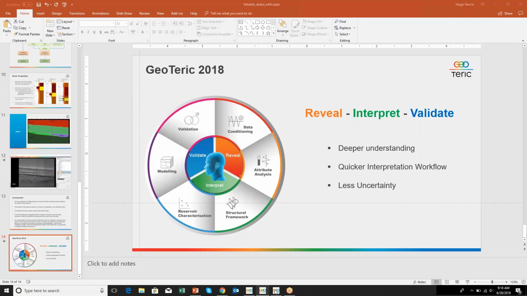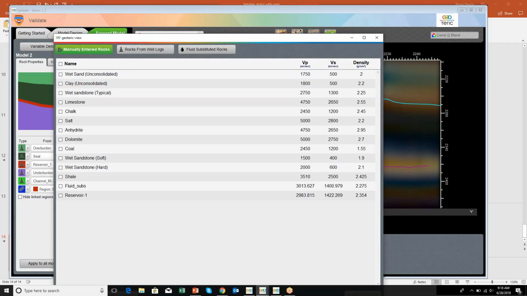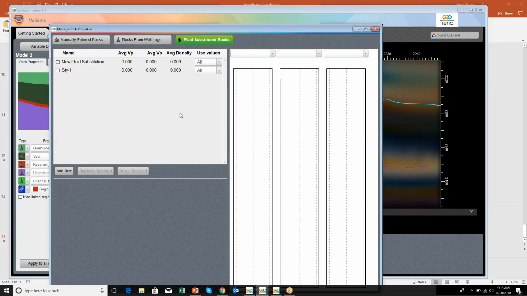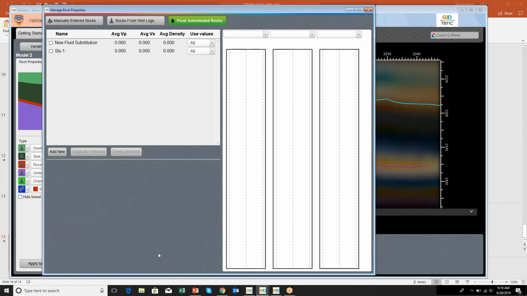We do have a fluid substitution tool. So if I go to rock properties, in here on fluid substitution, if you fill in the necessary well logs and the properties that we need, there will be a two-way bar here where you can use a slider with different mixes of gas and oil, and on this side mixes of oil and water.